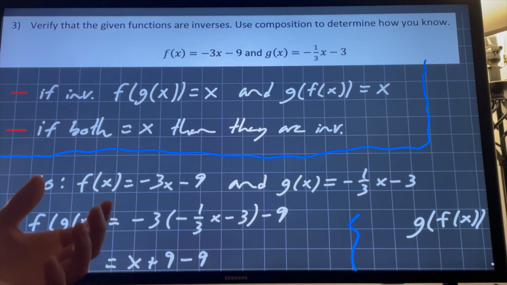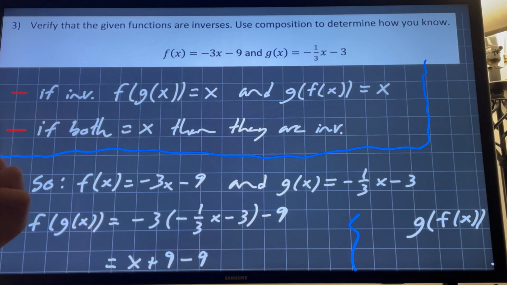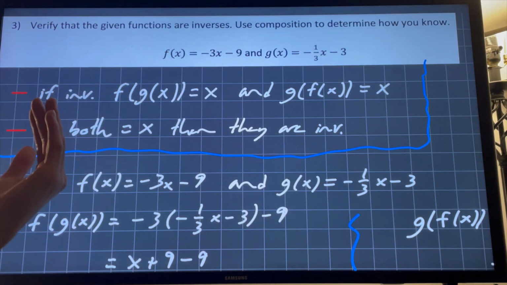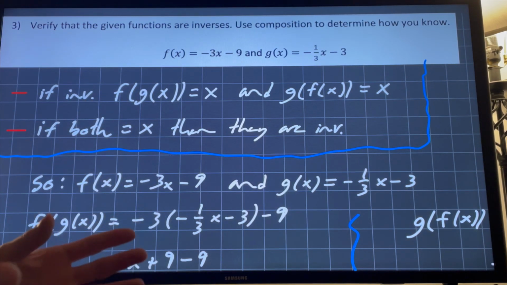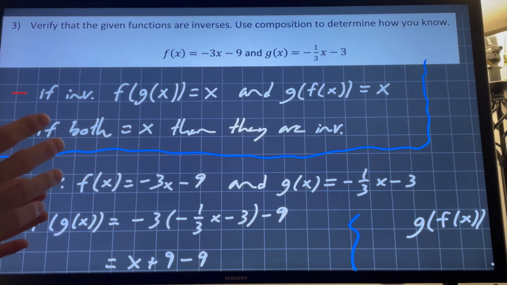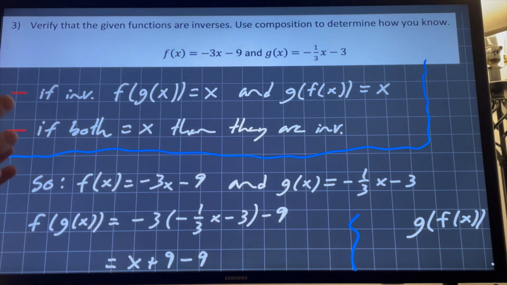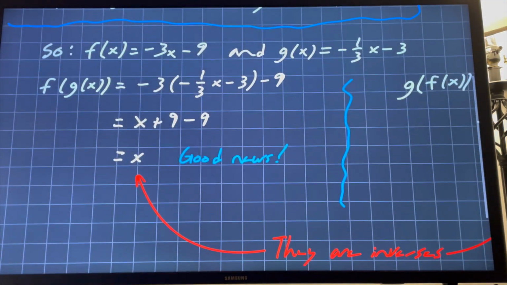So in our previous problem, we talked about how to use some compositions to get certain things. So we're going to be taking those same skills and translating it into how to use them in getting our inverses and figuring out if these two are inverses of each other, which in the problem, it's given that they are inverses, but whatever.